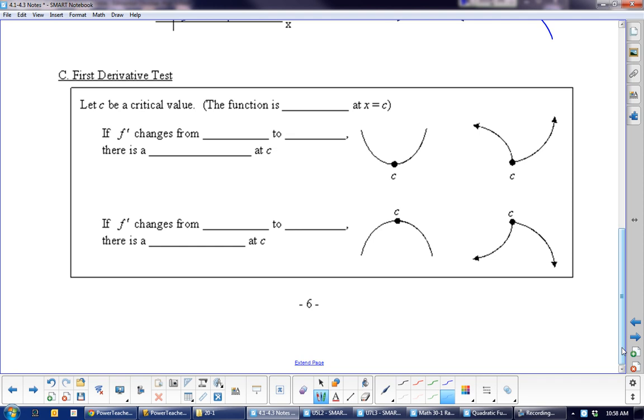The first derivative test. Okay, now let C be a critical value, then the function is continuous at x equals C. So if f prime changes from negative to positive, that would be what we're going to call a local minimum.